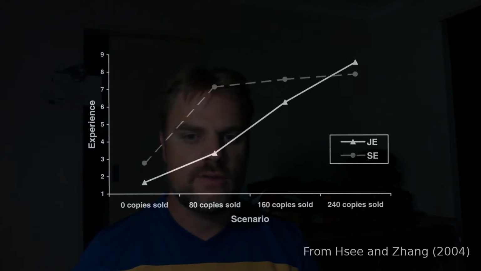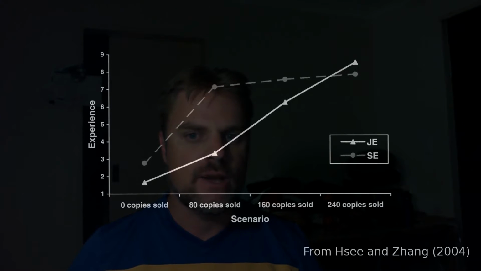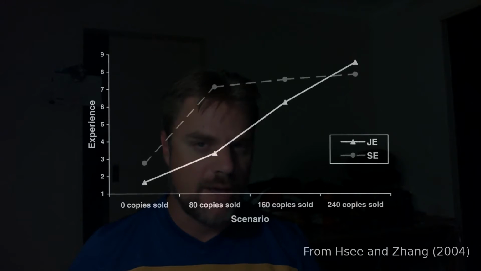This graph shows the results of asking a number of people to rate how happy they would be in each scenario. The black line with triangles is when people were presented with all 4 options, like I did here. Notice that the second scenario has an average rating of 3.34 out of 9. The dashed line with circles is when people were only presented with one of the scenarios. Notice that the second scenario has an average rating of 7.14 out of 9.